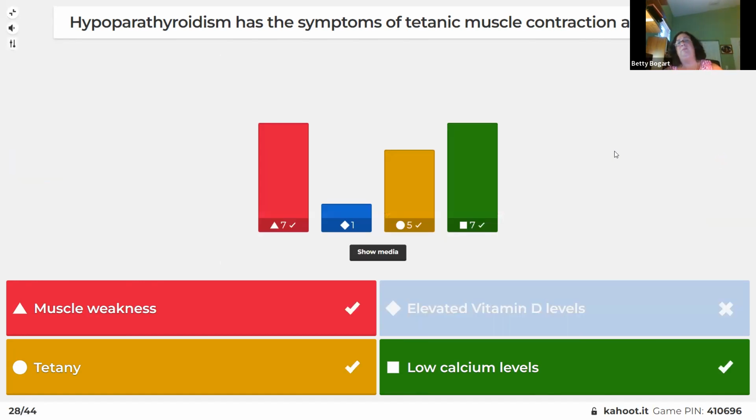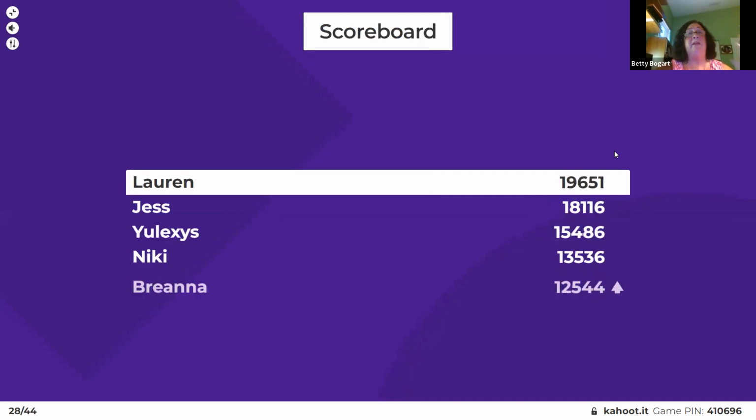So we can have too much calcium or not enough calcium. Hypoparathyroidism, not enough calcium. You don't have calcium, your muscles aren't going to work the way that they should. And you also go into those tetany, those spasms of your muscles. So again, parathyroid, think calcium, think muscle.